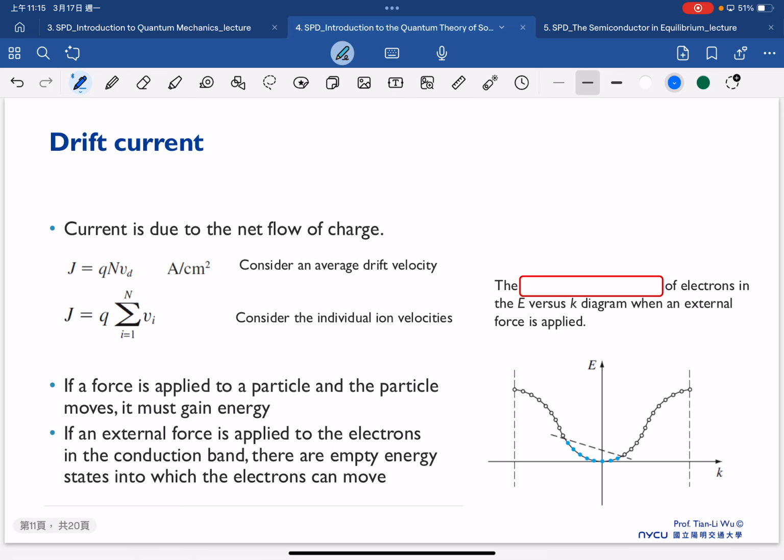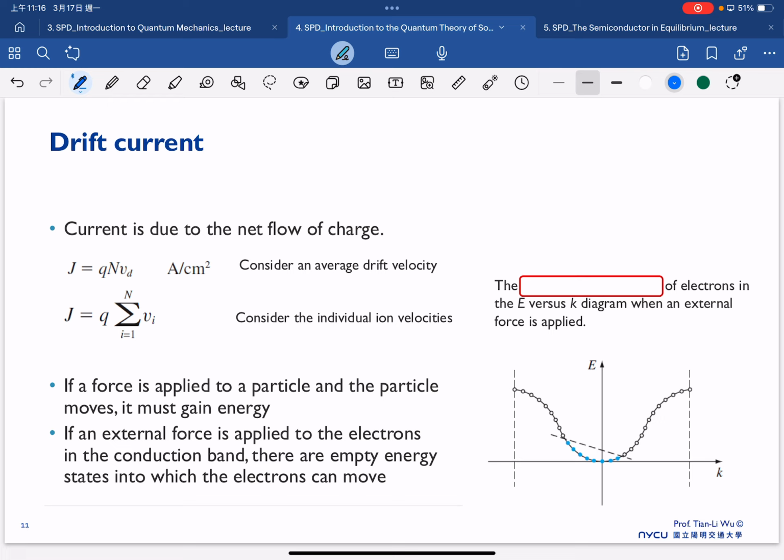Since we started to talk about conduction, we need to move step by step, slowly, to the next question we are interested in: how to derive the current, how to understand the current flow in a semiconductor material, and how to understand the concentration of electrons and holes in a material.